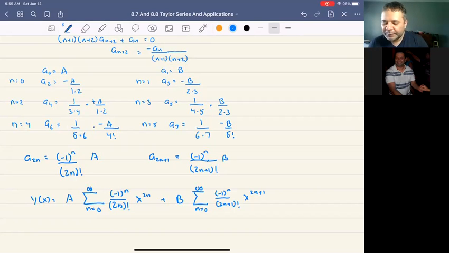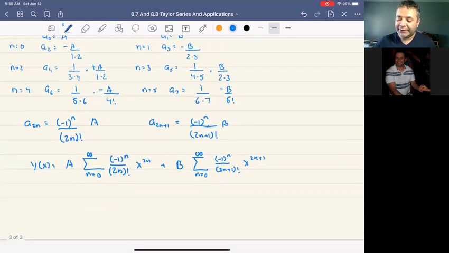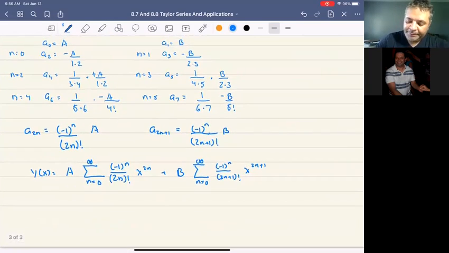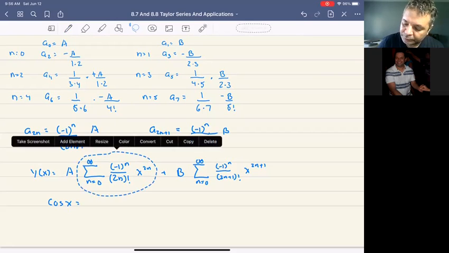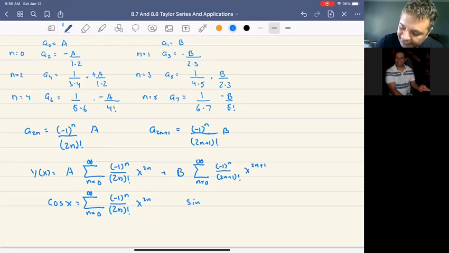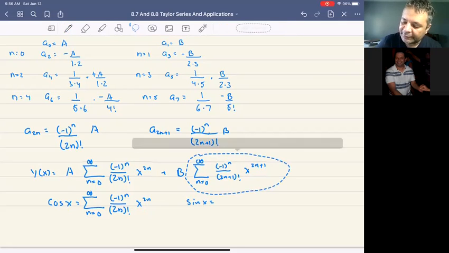So this gives us our series solutions for cosine and sine. Cosine of x equals this thing. Sine of x equals this thing.